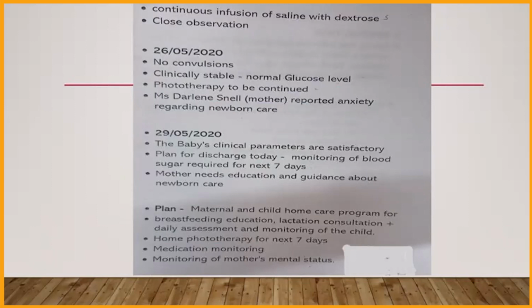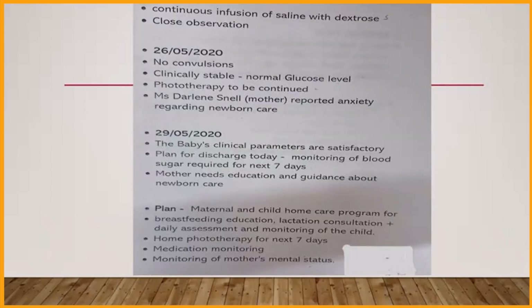Now 29th, what do you say? First line, second line. See, currently the baby is stable. You have to say that currently the child's parameters are stable. Then monitoring of blood sugar level for 7 days.